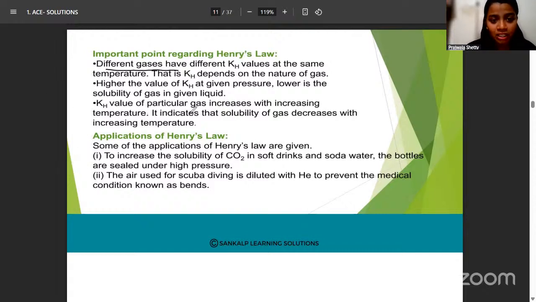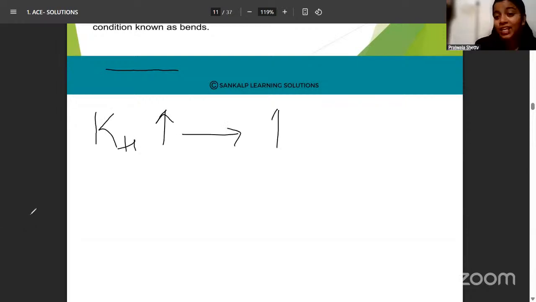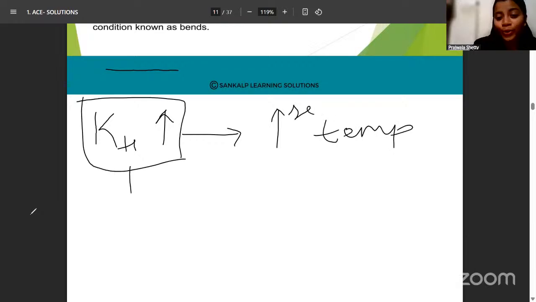Then it indicates the solubility of a gas decreases with increase in temperature. Again, let me give you a short point here. Remember the KH value increases with increase in temperature. And if KH value increases, higher the KH value, lower the solubility.